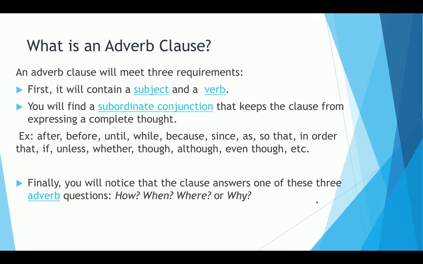First, it will contain a subject and a verb, and you'll find a subordinate conjunction that keeps the clause from expressing a complete thought. Examples of subordinate conjunctions: after, before, until, while, because, since, as, so that, etc. Finally, you will notice that the clause answers one of these adverb questions: how, when, where, or why.